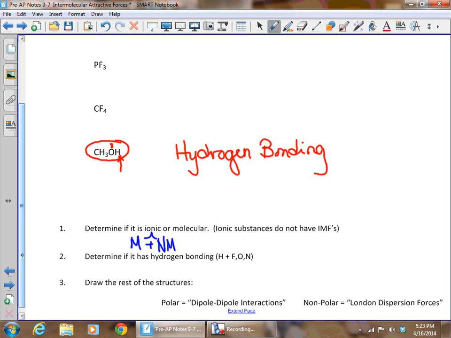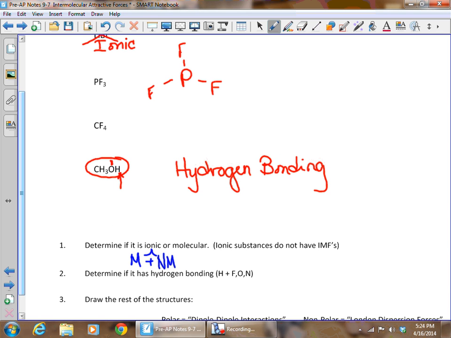So for PF3, if I draw the structure of PF3, count up the valence electrons, I end up with this structure. I have phosphorus with fluorines around it. It's going to have pairs of electrons around all of the fluorines, and then when we get done, we're going to have an extra electron pair left over still, and that one's going to go on phosphorus.